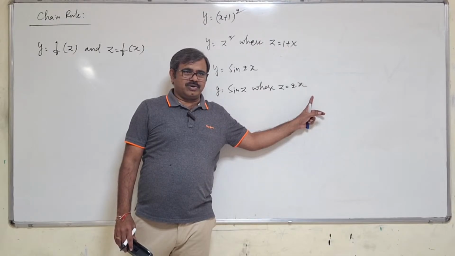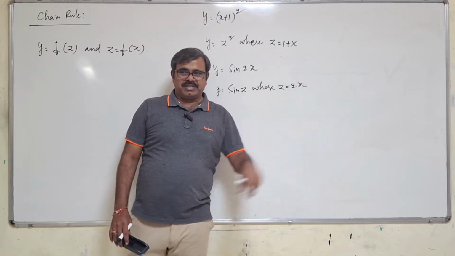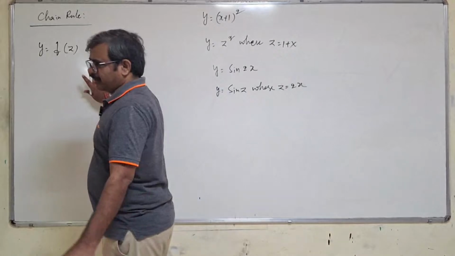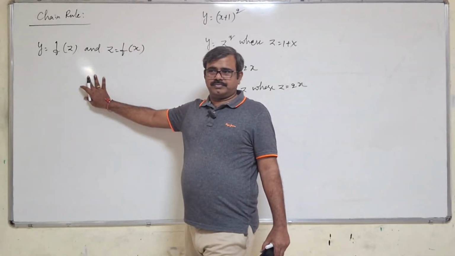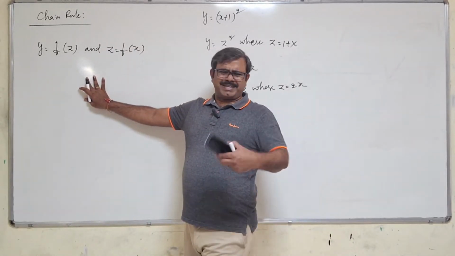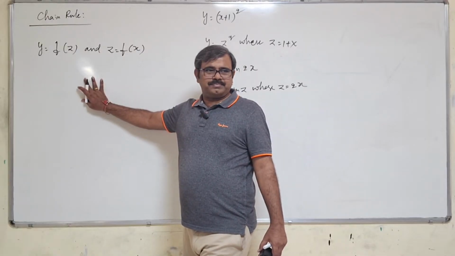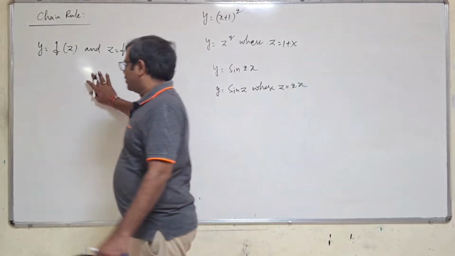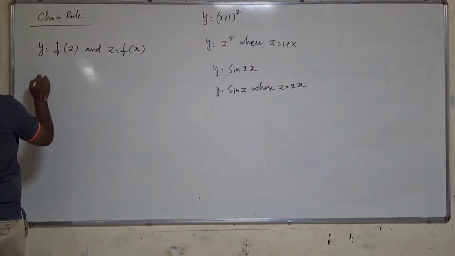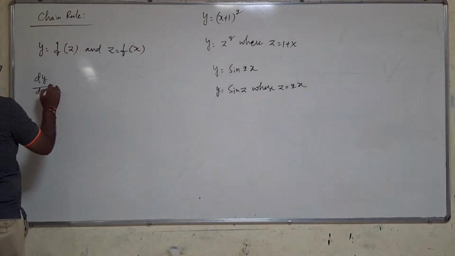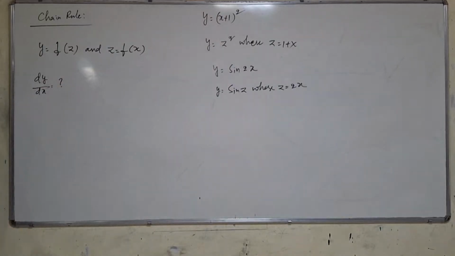Are you following what I'm saying? In such cases, we apply the chain rule. You can call it z, t, or whatever you like. I'm calling it z. To find dy by dx in such cases, we apply the chain rule.